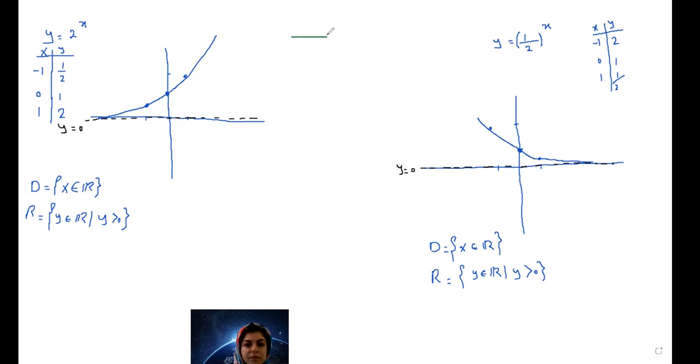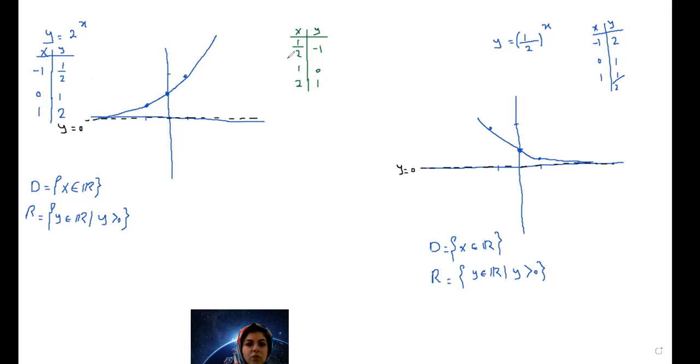If I want to do the inverse here, x and y, I switch 1/2 and -1, right? So 1/2 becomes the x and -1 is the y. 0 and 1, I switch it, it becomes 1, 0. 1 and 2, I switch it, it is 2, 1. So these are the points on my inverse graph.